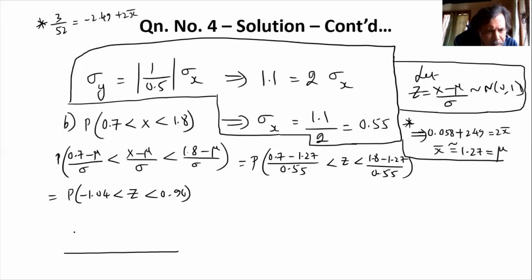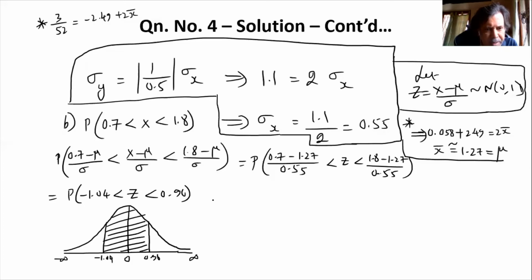So the curve will look like this. This is negative infinity, positive infinity. Negative 1.04 will be somewhere here. Positive 0.96 will be somewhere here. We need this area.